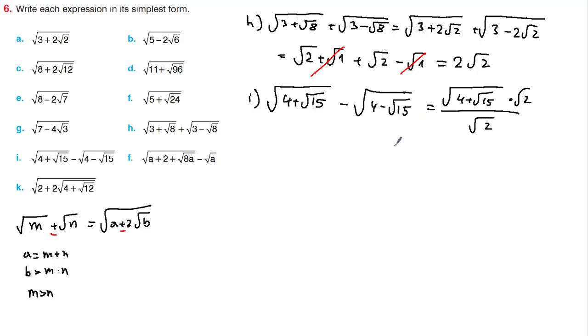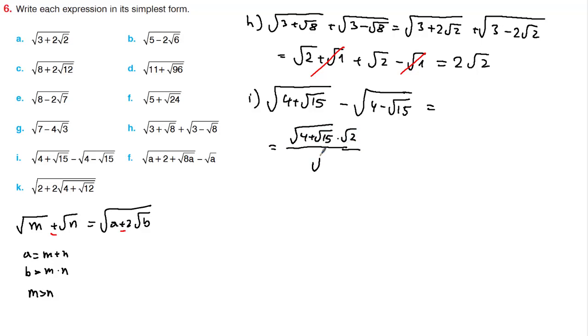Let me write it here on a new row. So it will be square root of 4 plus root of 15 times root of 2 over root of 2 as well. Now minus exactly the same for the second root. I mean, it's not 12, it's 15 over root of 2 times root of 2.